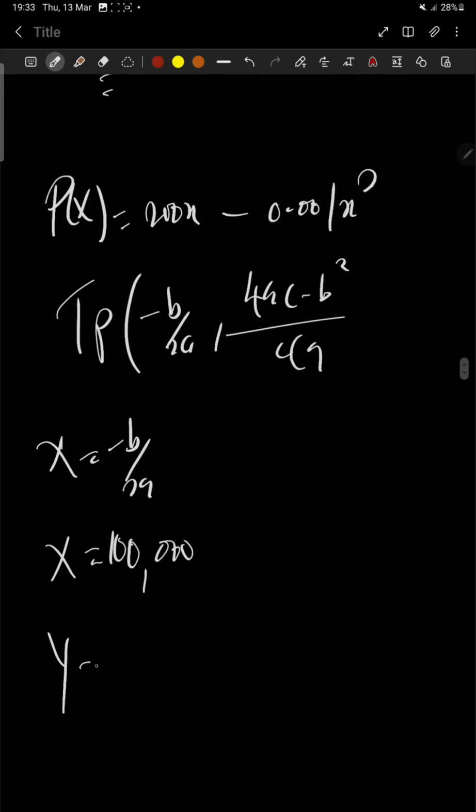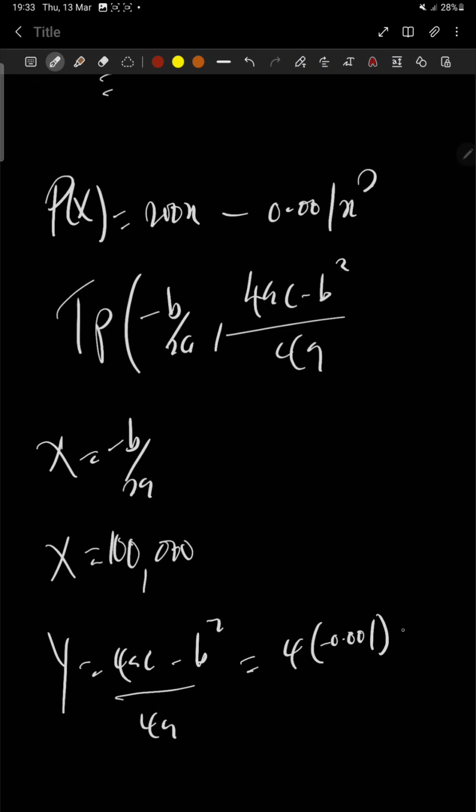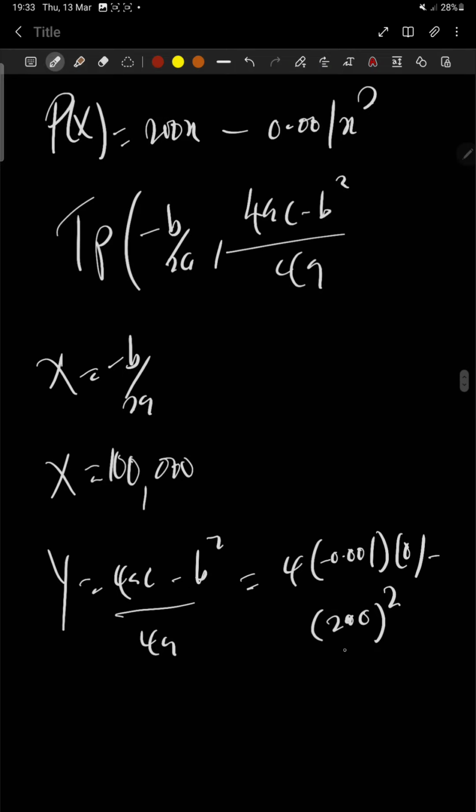Then the y coordinate is 4ac minus b squared over 4a. So this will be 4 times our a, which is negative 0.001, and our c is 0, minus our b squared, which is 200 squared, over 4 times 1 over 1000.